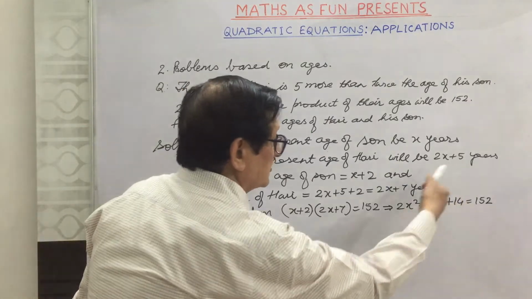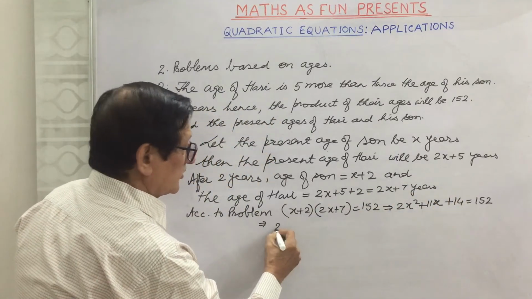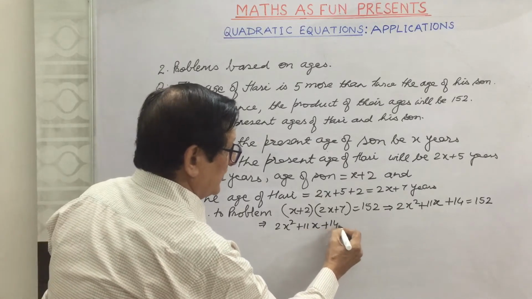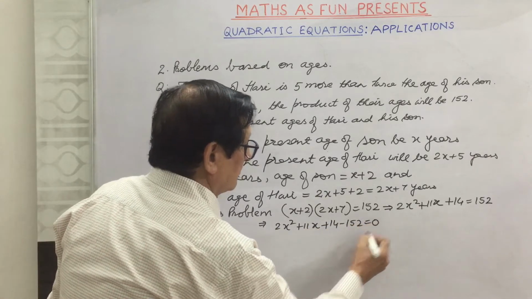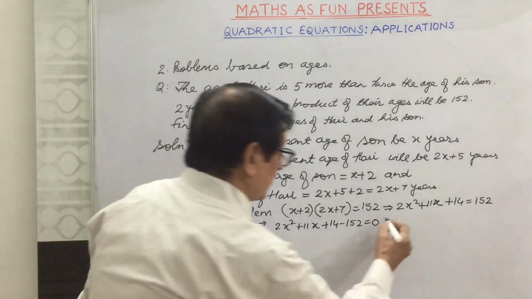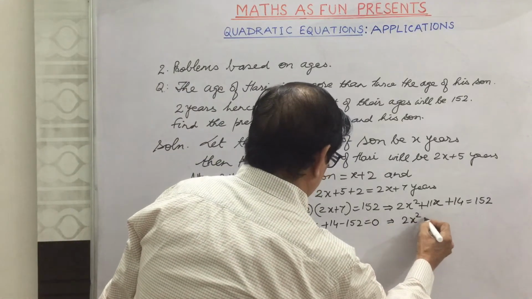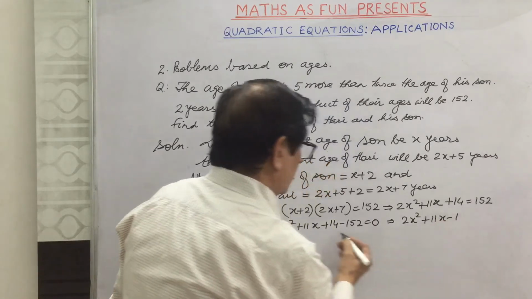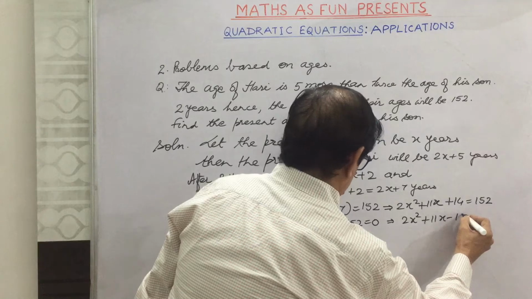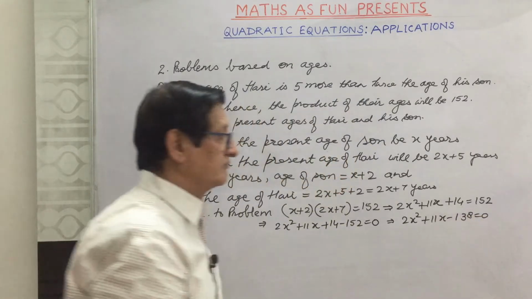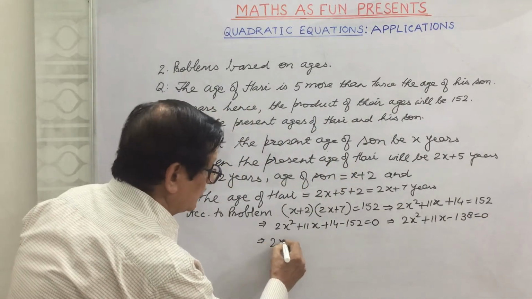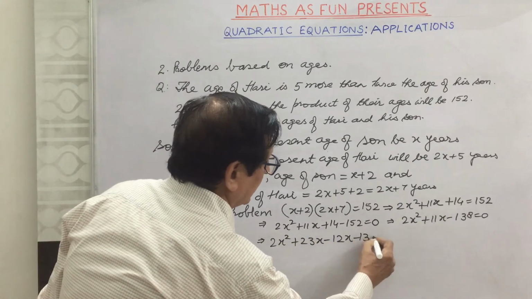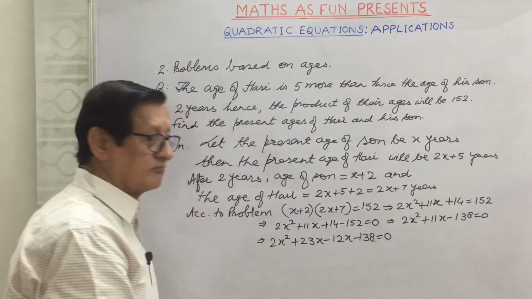If we transpose this 152, we get 2x square plus 11x plus 14 minus 152 equal to 0. Or we get 2x square plus 11x minus 138 is equal to 0. So we can write here 2x square plus 23x minus 12x minus 138 equal to 0.